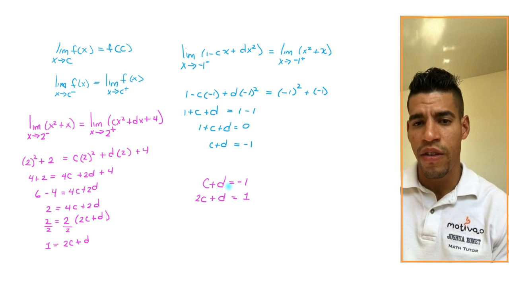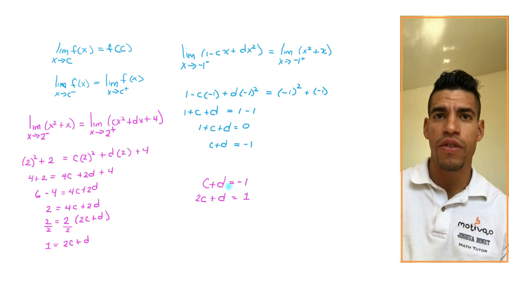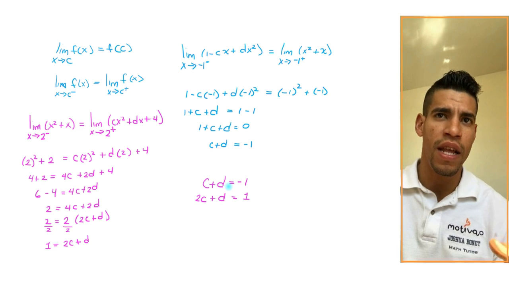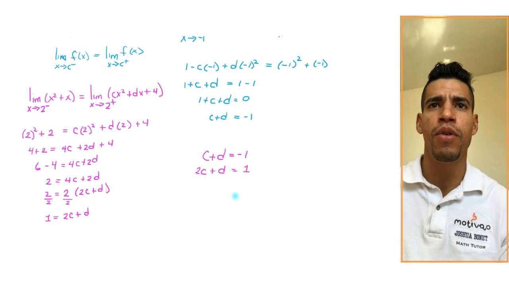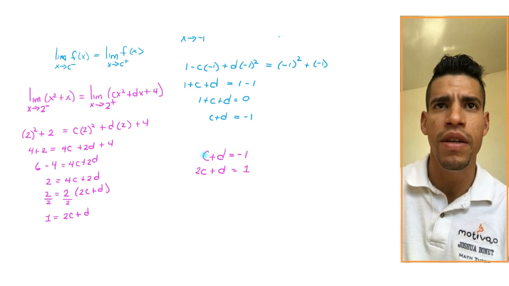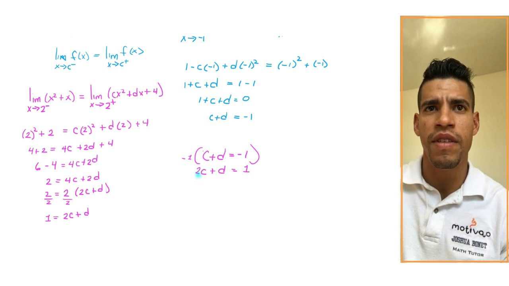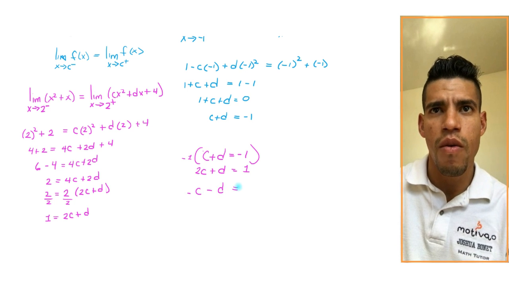You're going to use elimination or substitution. I'm going to use elimination because it's just easier for me in this problem. Elimination means that I have to multiply the top one by -1, by everything, even the equality. So this becomes -c minus d equals 1.